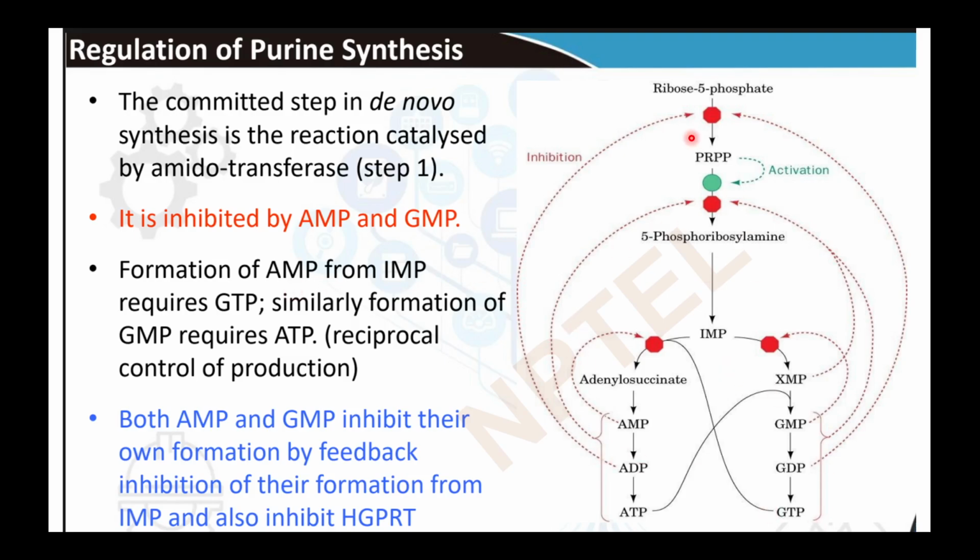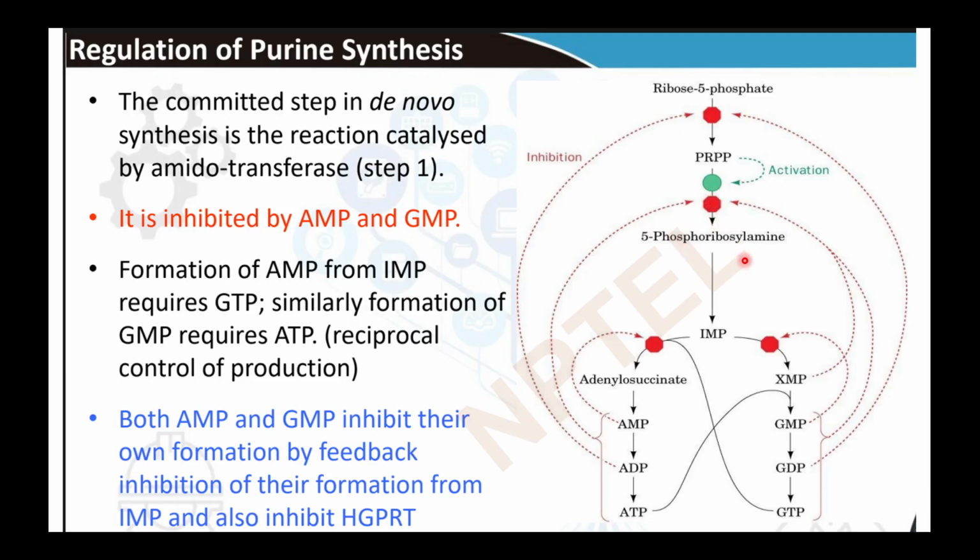So you see here, we had ribose 5-phosphate forming PRPP, right? And PRPP gets converted to PRA by the enzyme PRPP amidotransferase, right? And this is the rate limiting step.